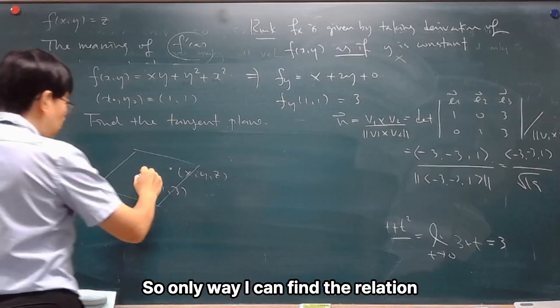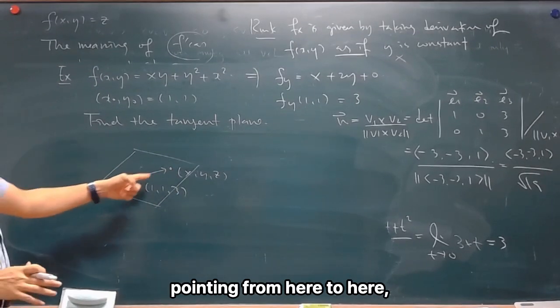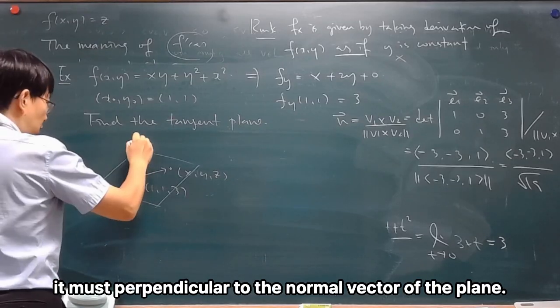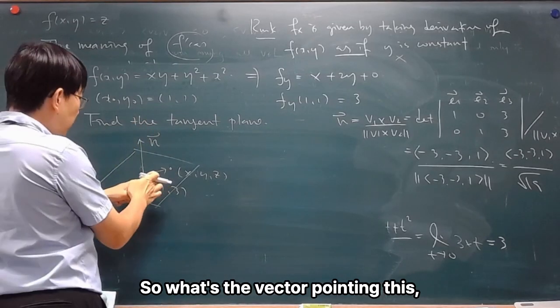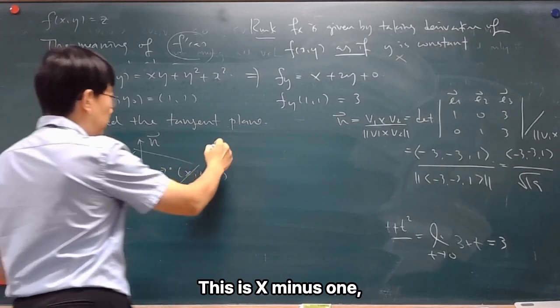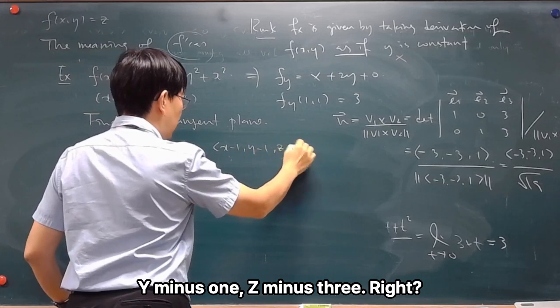The only way I can find the relation is that if I take the vector pointing from here to here, we can call it a position vector, it must be perpendicular to the normal vector of the plane. So what's the vector pointing from this point to this point? This is x minus 1, y minus 1, z minus 3, right?